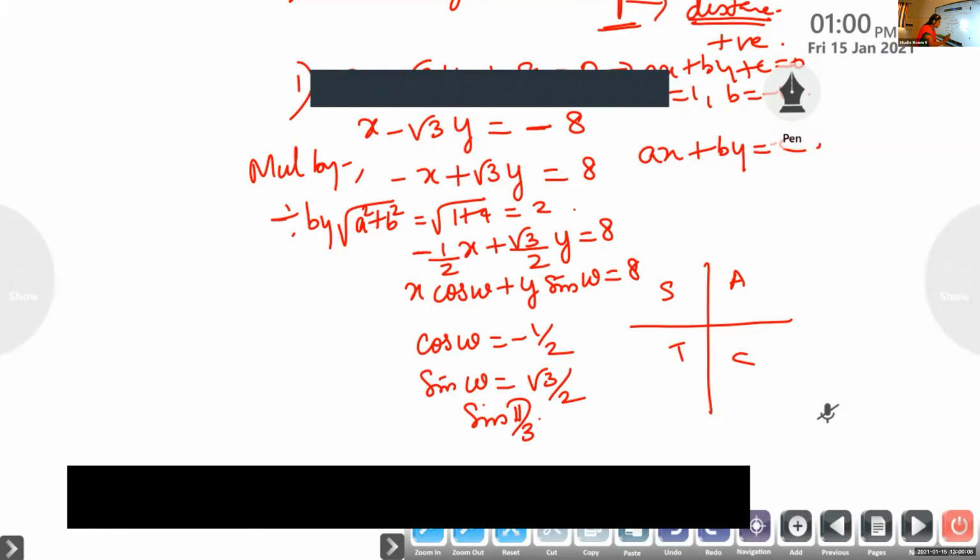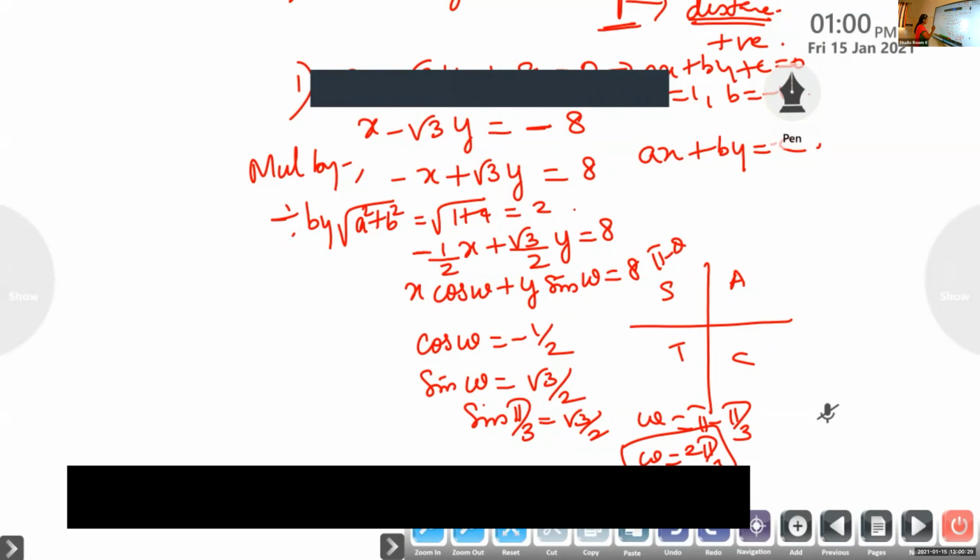Sin 60, isn't it? In the second quadrant it takes the form pi minus theta. So we can take omega as pi minus pi by 3, which is 2 pi by 3. Omega is 2 pi by 3.